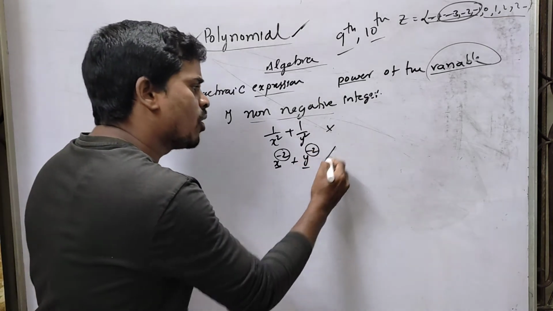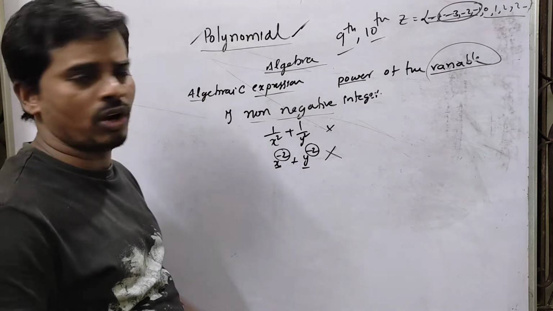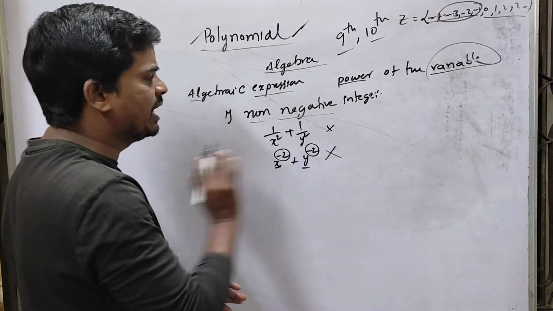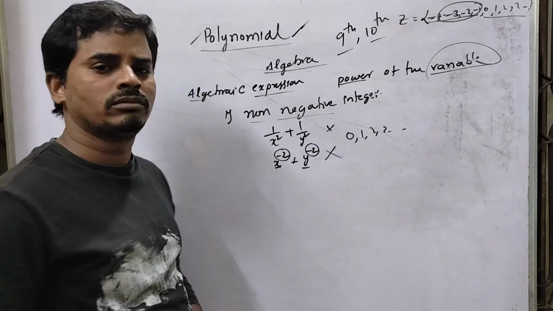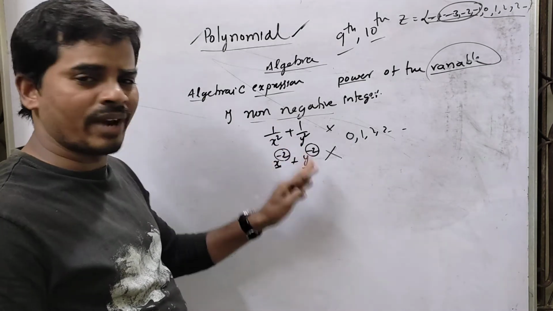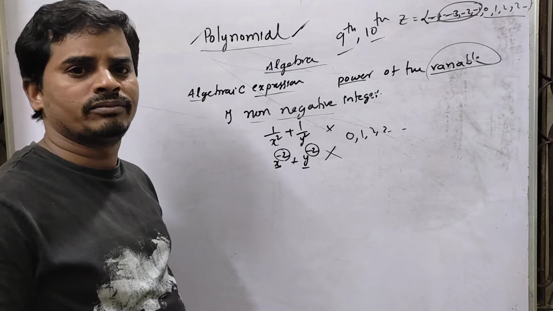So we cannot call this a polynomial. The powers of the variable should be non-negative integers, that means 0 or 1, 2, 3 and so on. You should not take negative or fractional powers as a polynomial.